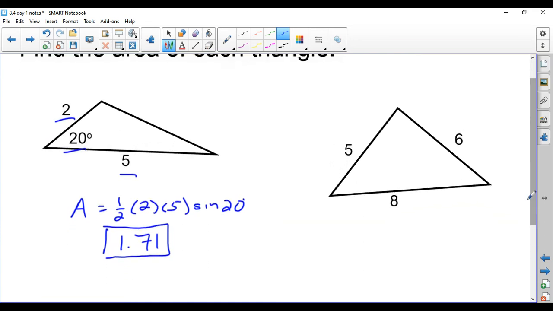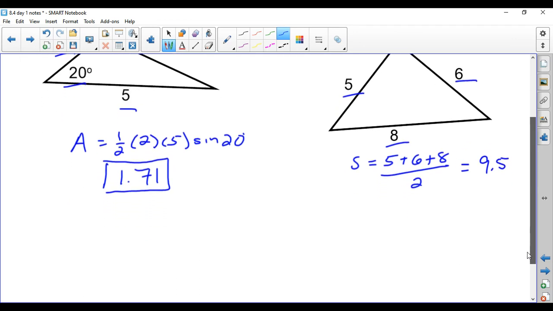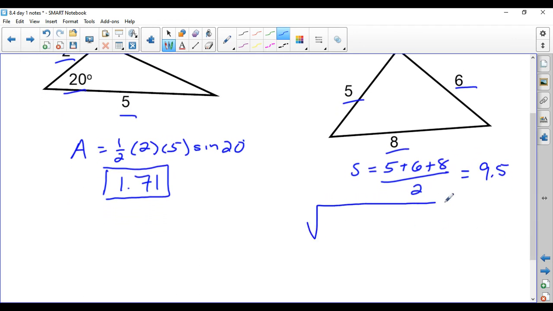Over here, we are given all three side lengths, so we're going to use Heron's formula. Before I go to Heron's formula, I'm going to calculate the semi-perimeter. Add up the three side lengths and divide by 2. And I get that the semi-perimeter is 9.5. Once I have the semi-perimeter, I plug it into Heron's formula, square root, the semi-perimeter, and then it's multiplying the semi-perimeter minus each side.